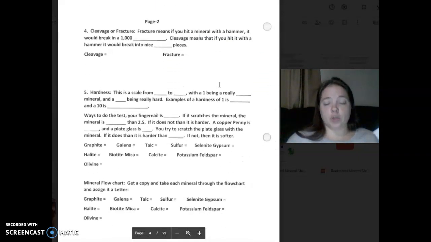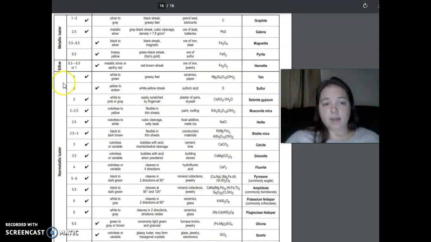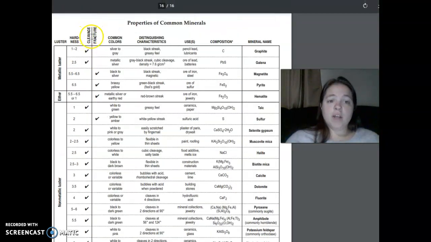Cleavage or fracture. We went over this before. Fracture means if you hit it with a hammer, it would break into 1,000 pieces. Cleavage means if you hit it with a hammer, it would break into nice, even pieces. So on this, right here, where you see these check marks, that'll tell you if it's cleavage or fracture.